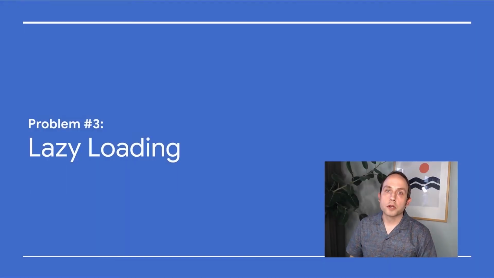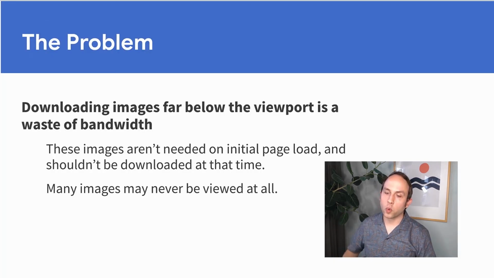The next problem I want to talk about is loading too many images. This is basically if your application is longer than a single page, if there are images that are well below the bottom of the page, there's really no need to load them up front. You want to wait until the user indicates that they may actually want to see those images by continuing to scroll down the page, and then load them as needed.